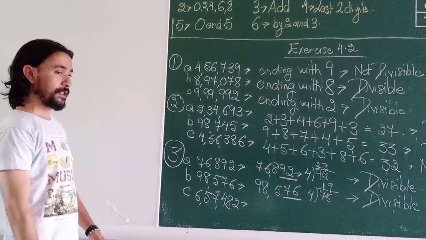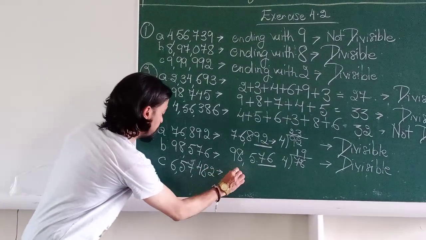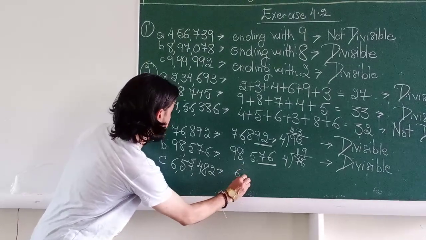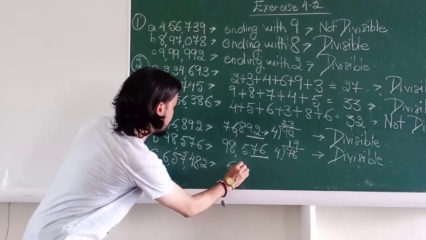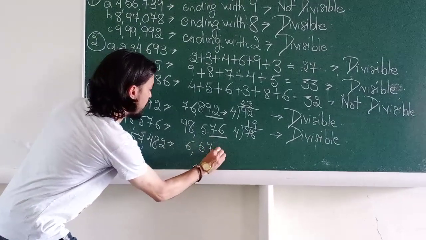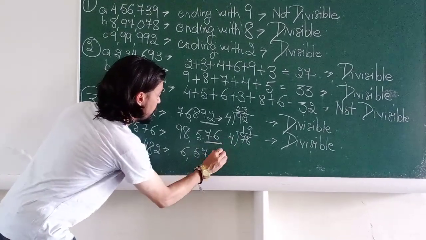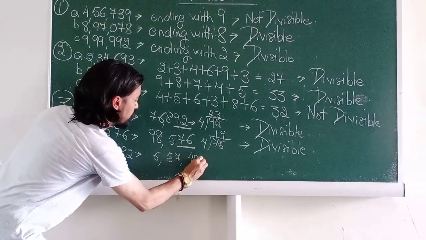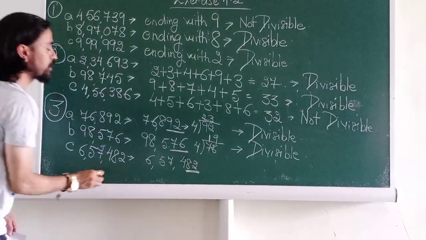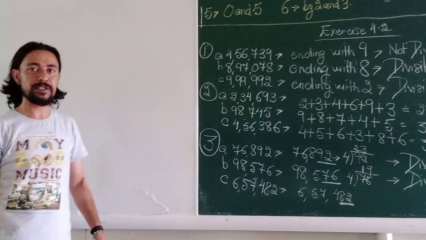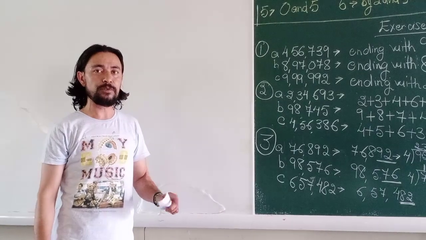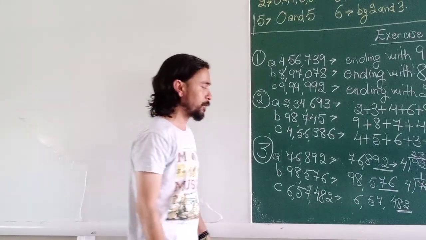Now next one, let's see if it is divisible by 4. Again I take down the number. What does it say? 6,57,482. I underline 82 because that's what I have to check, the last 2 digits. If the last 2 digits are divisible by 4, the whole number is divisible by 4.